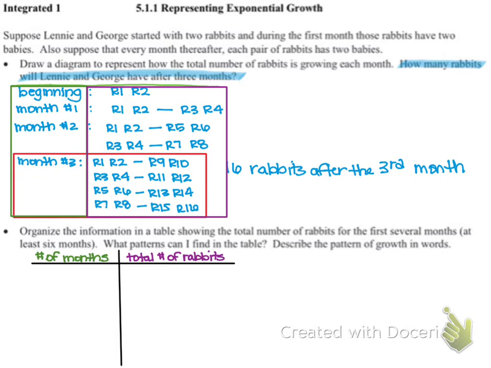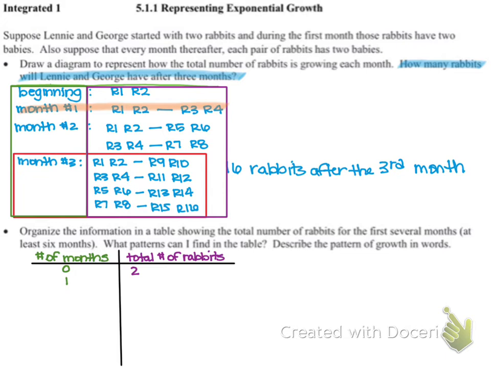So the number of months, well, in the beginning, nothing had happened. They just got some rabbits. They started out with 2. After 1 month, I'm going to go back up and take a look at month 1. I'm going to highlight it in orange. So month 1, that looks like I had rabbit 1, rabbit 2, rabbit 3, rabbit 4.